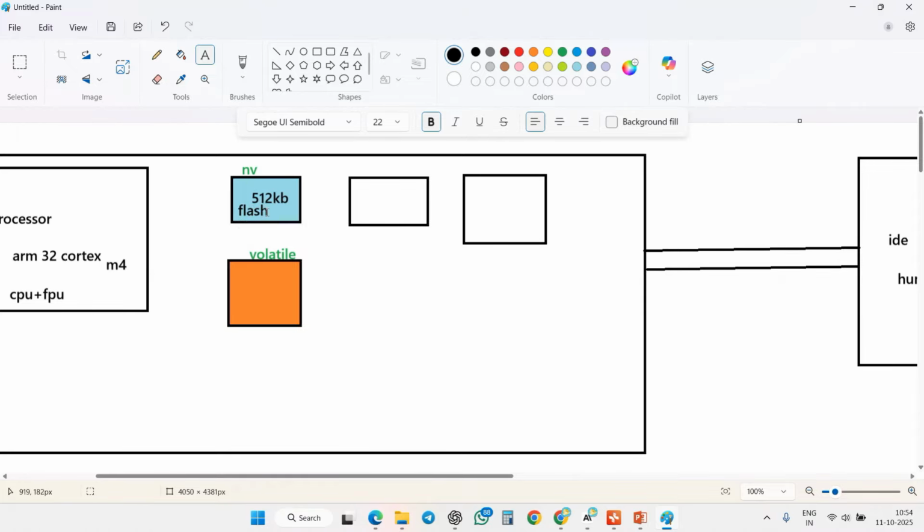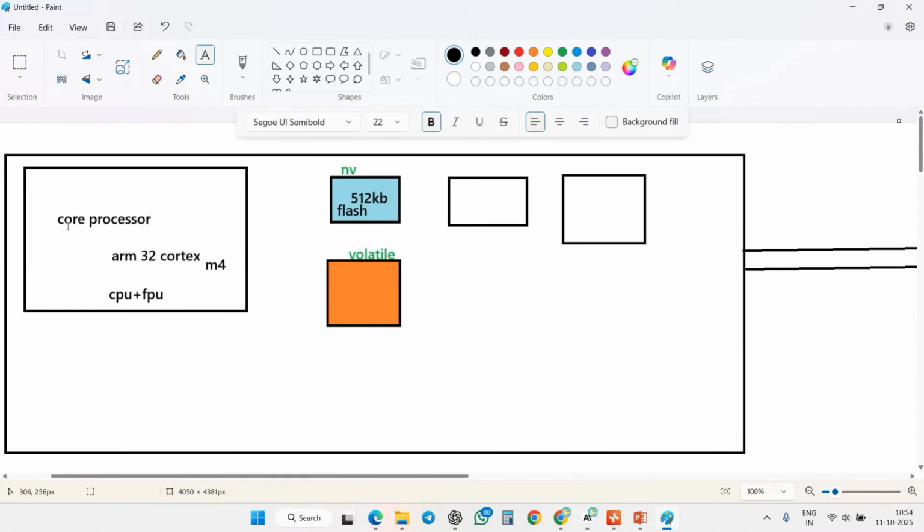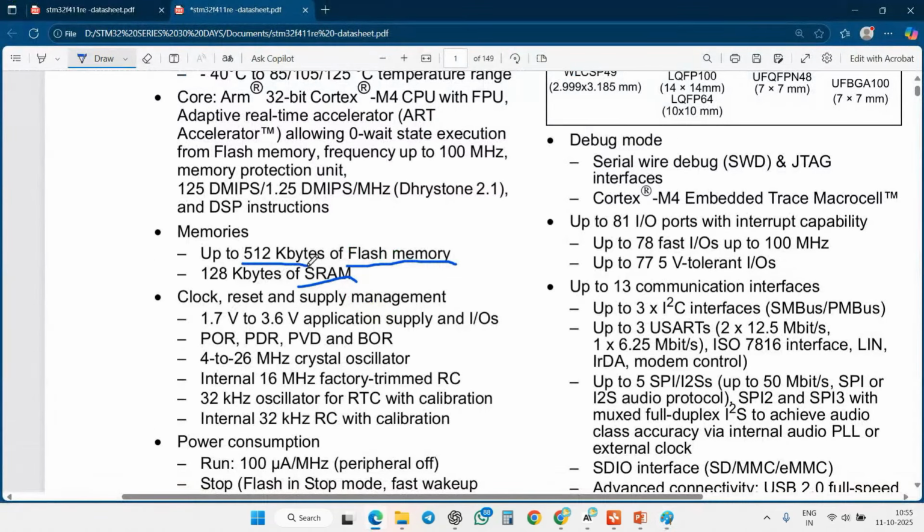While processing, it needs to store temporary data. For that temporary purpose, it uses the volatile memory. Here we are using SRAM for volatile memory. You can see 512 kilobytes of flash memory and 128 kilobytes of SRAM memory.